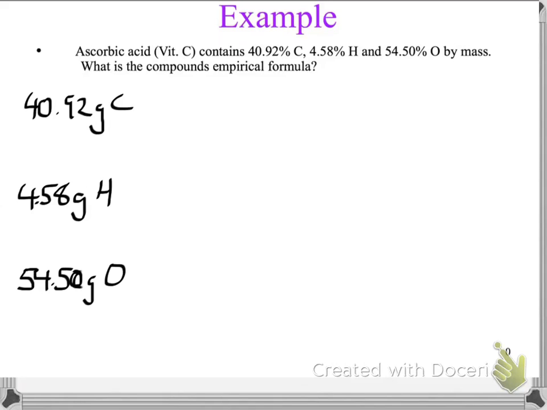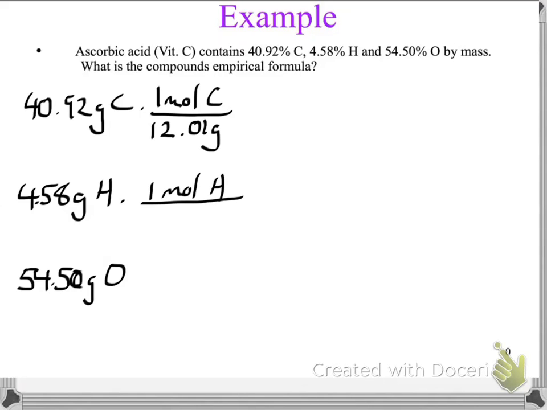of oxygen. And then convert to moles using molar mass, and we know that 1 mole of carbon is 12.01 grams, and 1 mole of hydrogen is 1.01 grams, and 1 mole of oxygen is 16.00 grams.